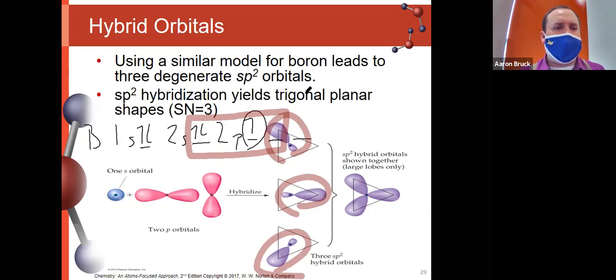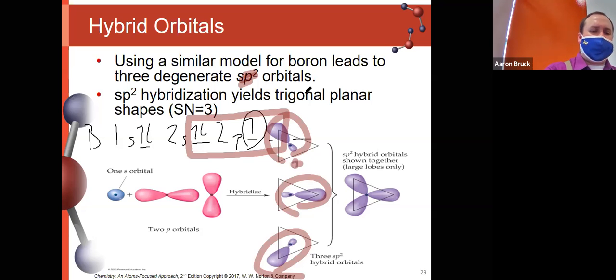These hybrid orbitals would not bear the designation sp because there are more than one of those p orbitals that have been integrated. They would be called sp2. Again, the 2 there means that we've integrated 2 of the p orbitals from that p sublevel with the s, now giving us 3 in total.